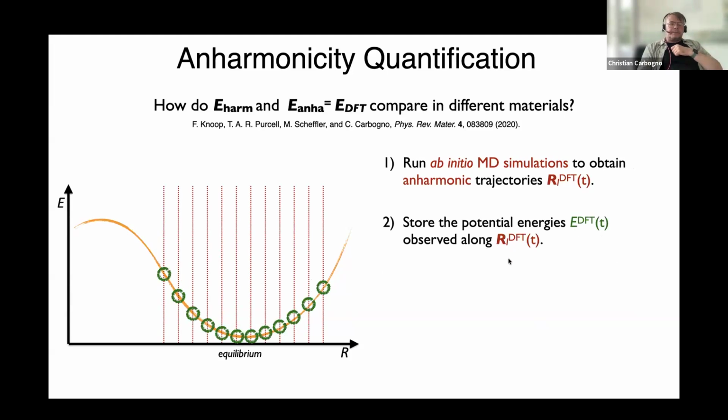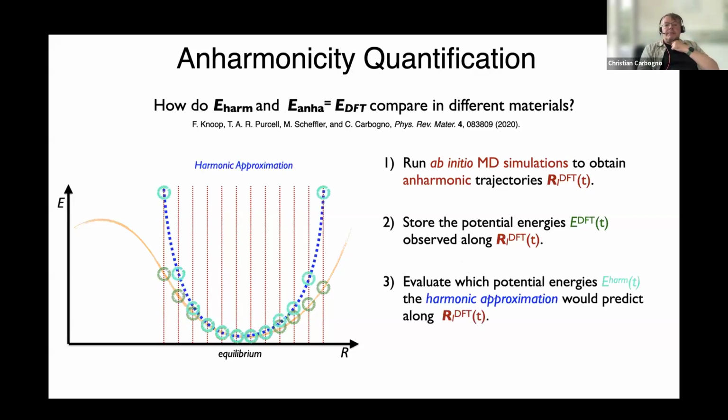Then in a second step you say, good, now I have these positions. What would the harmonic approximation actually predict at these positions? Since you run one phonon calculation at equilibrium, this gives you exactly this parabola, and then you can easily calculate analytically what the energy at these different positions is.